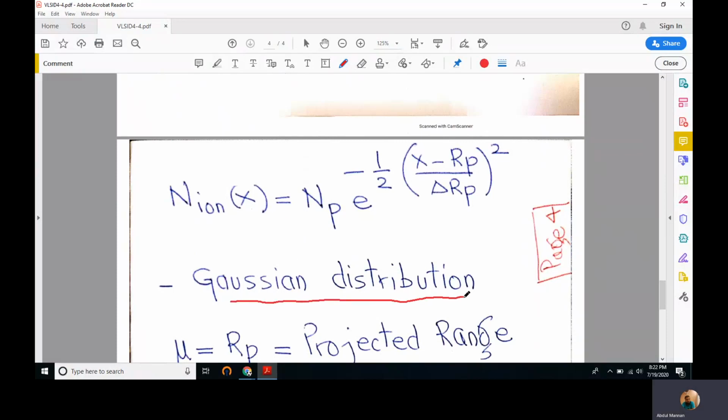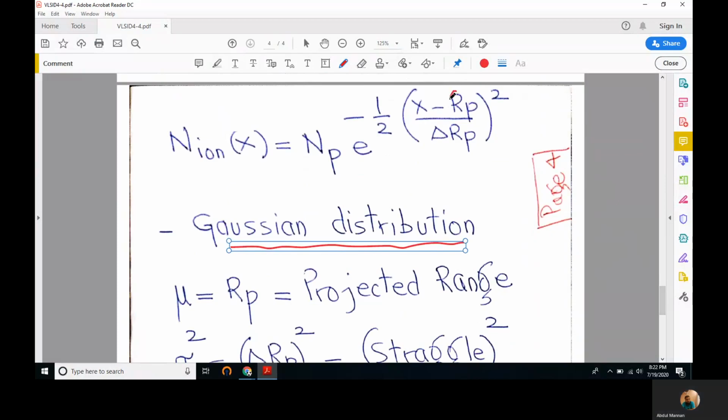Gaussian distribution is a probability distribution that we have studied in the probability and statistics course. It's Np times e to the power minus 1 over 2 times (x minus Rp over delta Rp) squared, and we already know this from elementary courses.